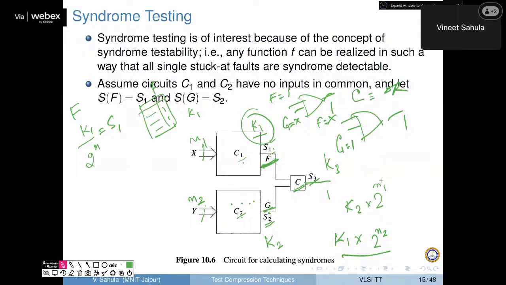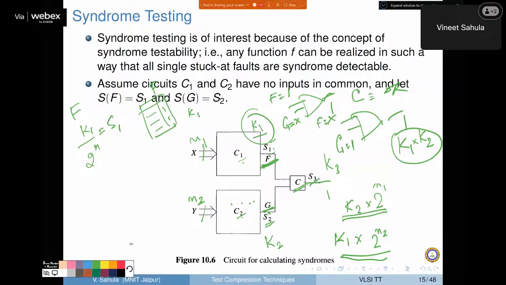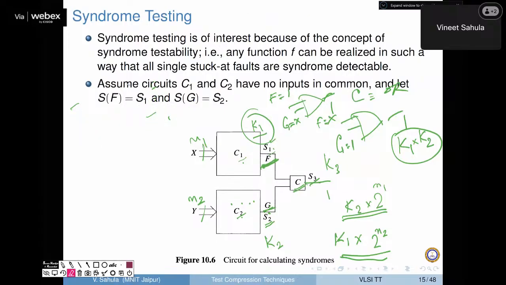Only thing is, in this and in this, we have counted when f was 1 K1 times and g was 1 K2 times. These are counted 2 times. Right? I come back with a little more diligent way of doing this. Understanding this, a little more diligent way. I write this again.